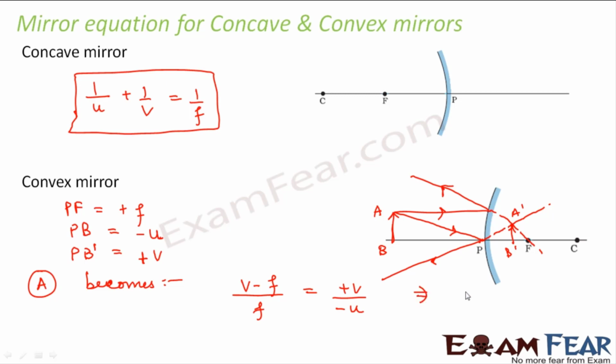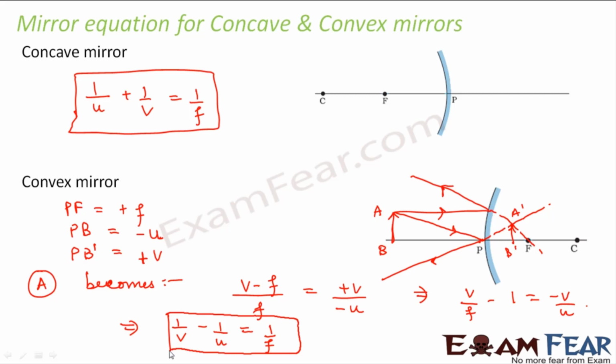So when you solve this, you get v by f minus 1 is equal to minus v by u. So dividing throughout by v, you get 1 by v minus 1 by u is equal to 1 by f. So considering the sign convention for a convex mirror, you see that the mirror equation carries a negative sign with u.